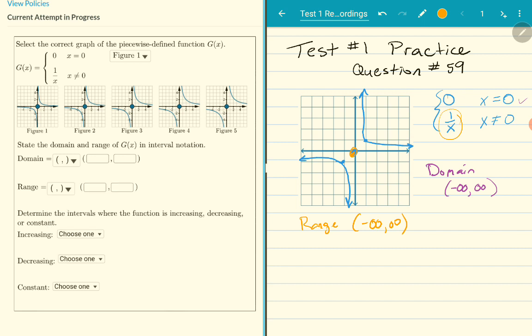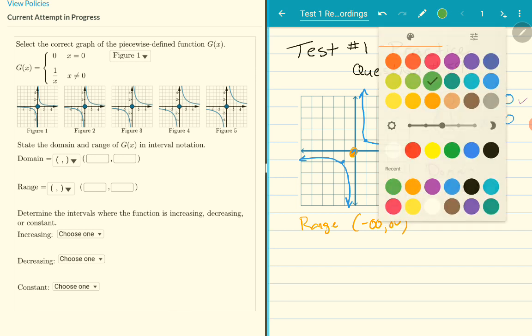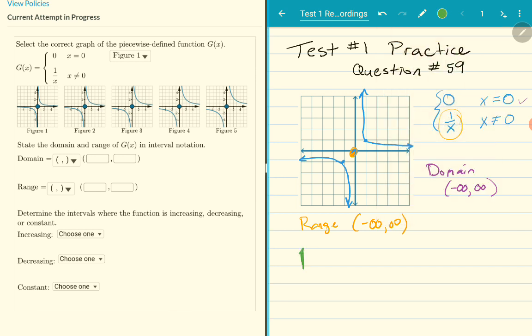There we go. And then to determine where it's increasing. Remember, when we go to the increasing, decreasing, and constant intervals, we're always looking for the x values, always going from left to right, and we always have open intervals.